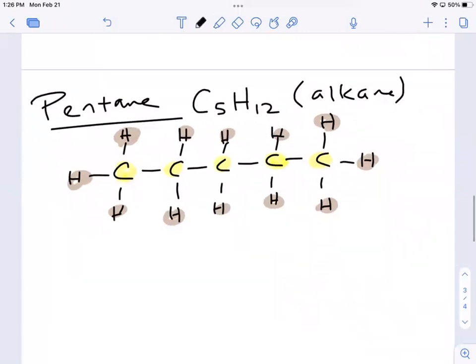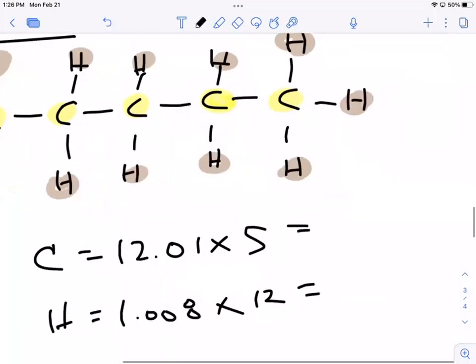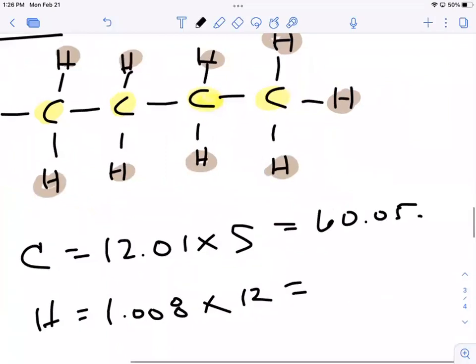All right. So when we calculate the formula weight for this, it is what? Carbon, which is 12.01 times 5, and then hydrogen, which is 1.008 times 12. Somebody give me those two numbers real quick. The first one is 60.05. Okay, and this is again in AMU.